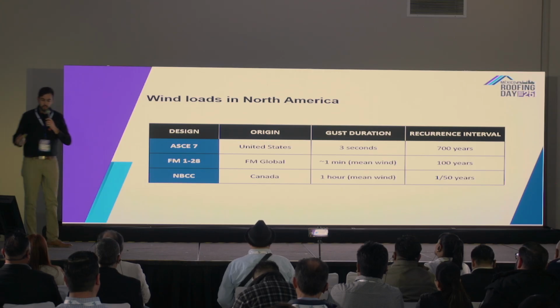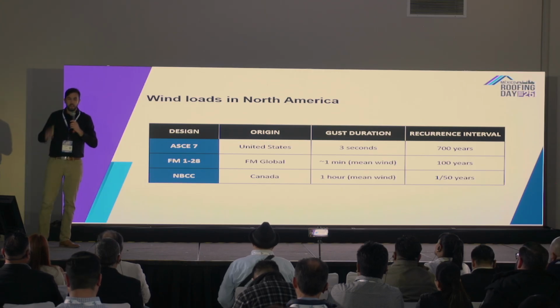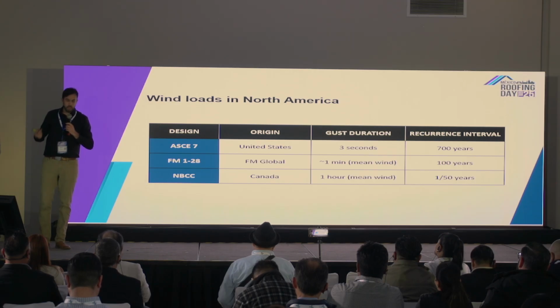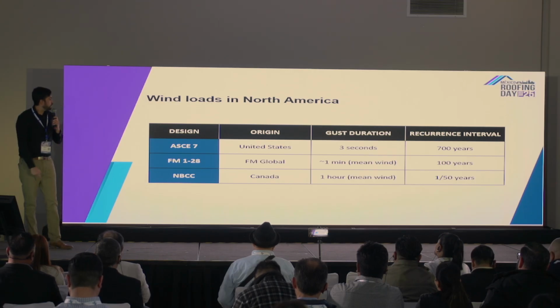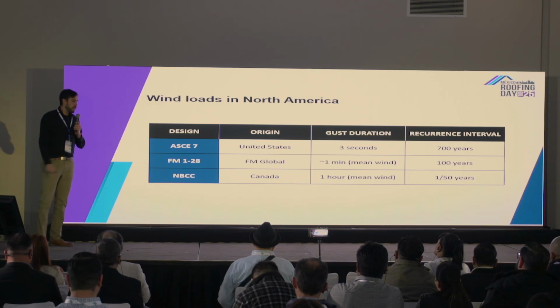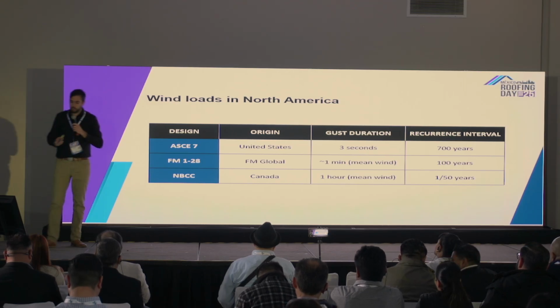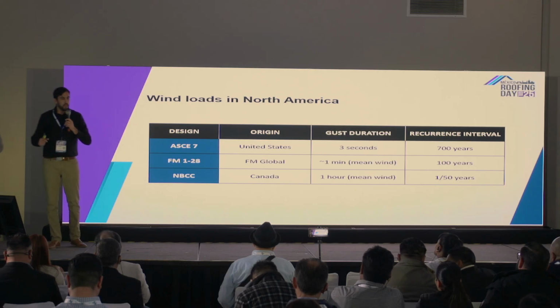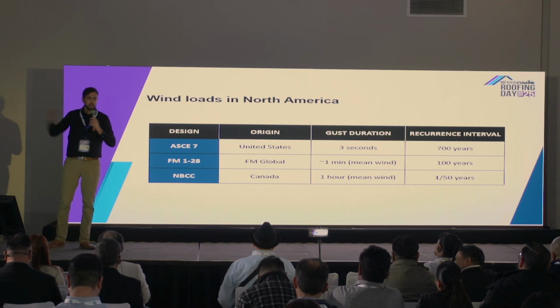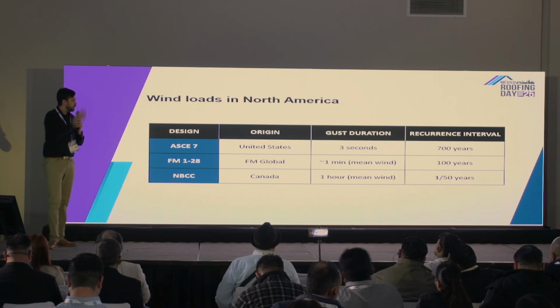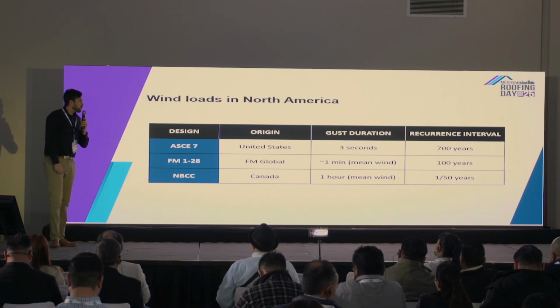You're seeing the three bases of design available in North America: ASCE 7, the Data Sheet 1-28 from FM Global, and the National Building Code of Canada. What I want you to remember here is that the gust durations and the intervals that the wind gust is based on are totally different for each and every one of them.